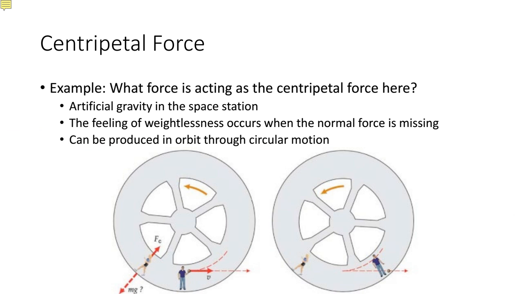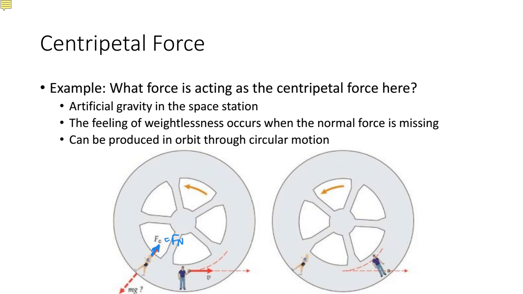And that's because people inside of a circularly moving space station don't have a normal force of gravity. And you can create the idea of artificial gravity from this centripetal force. So as the object starts to spin, the centripetal force is acting towards the center of the circle, the centripetal force taking the place of their force normal.